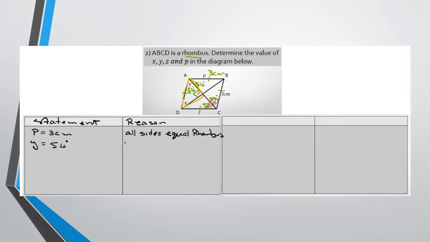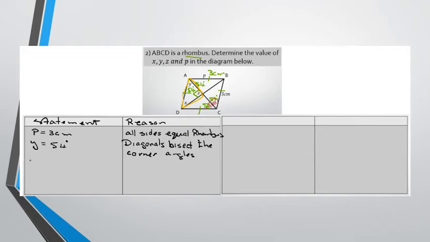I'm just going to mention here: diagonals bisect the corner angles. Right, so I got the y as well.